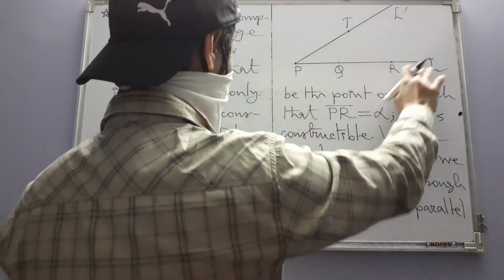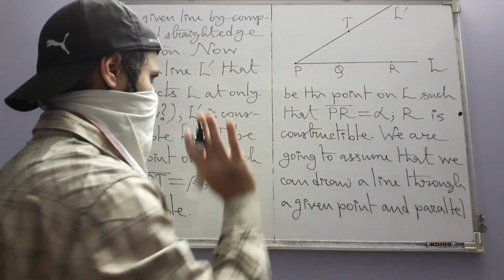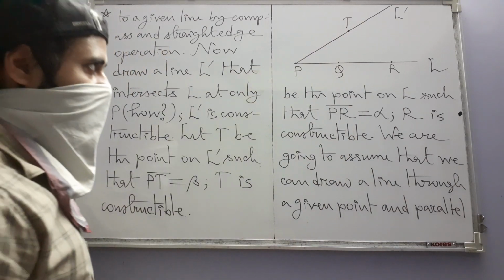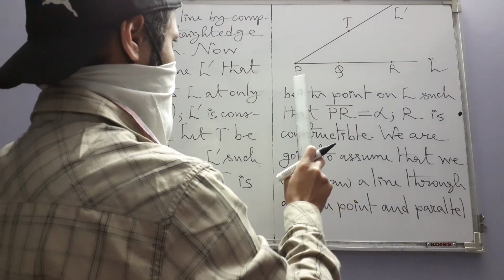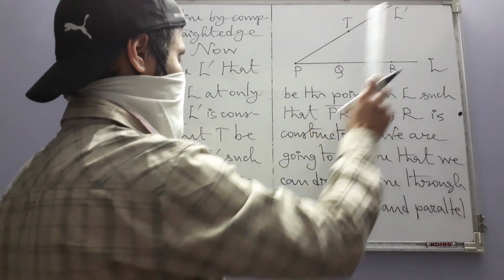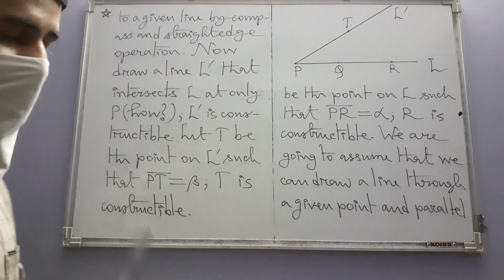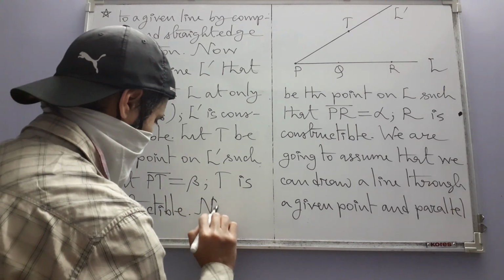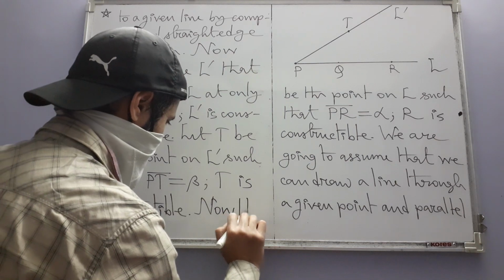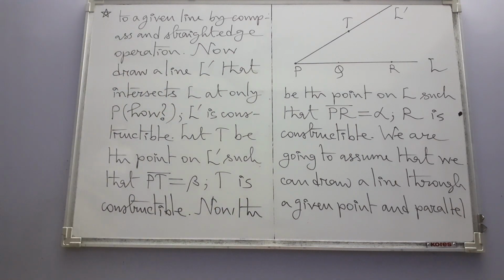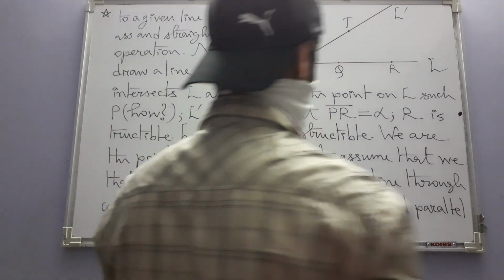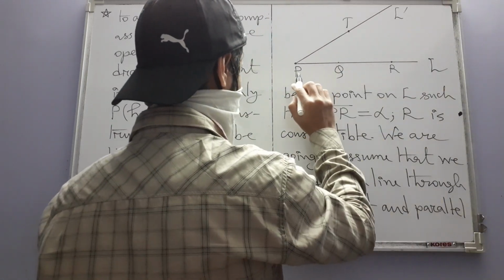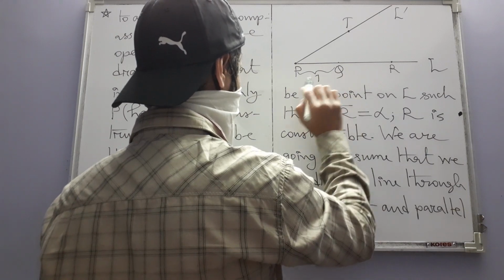So whatever points we have drawn here, they are all so far constructible, and these two lines are also constructible. The only thing that is somewhat not clear is how to draw this L prime. That I have left to you. Okay. Now, before I erase this part, let me write the distances at least.